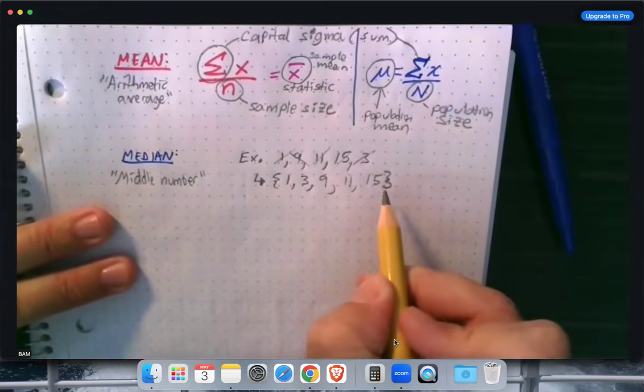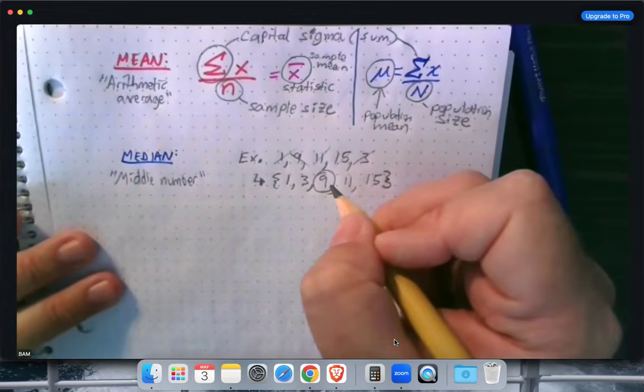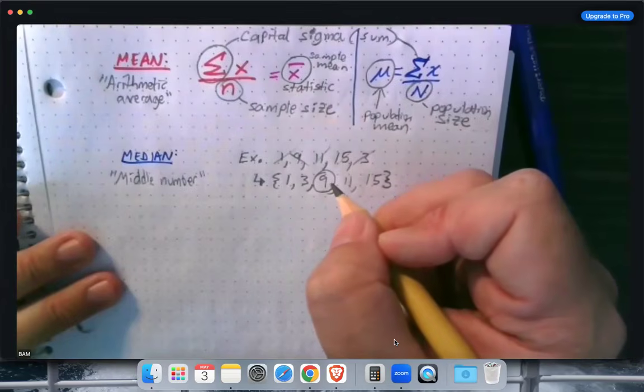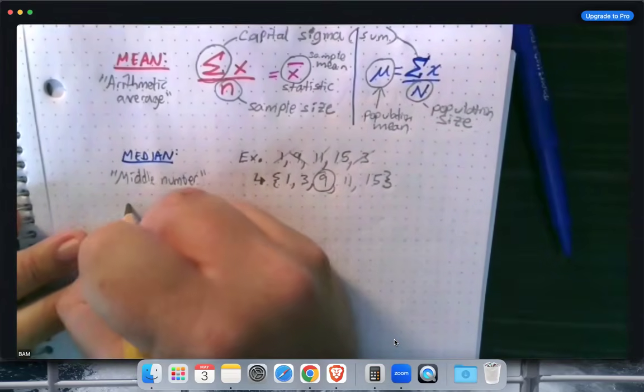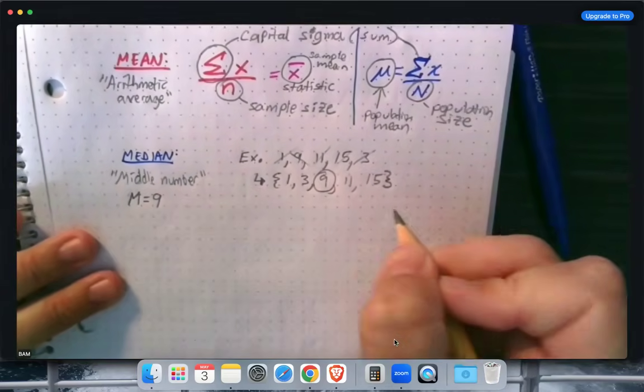See, increasing. So the middle number is 9. And the median sometimes is a big capital M, but not always.